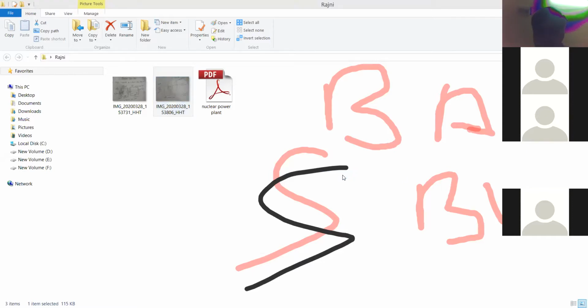Now, can you see the PDF now? No, sir. The reactor core diagram is not showing. Icons are visible.